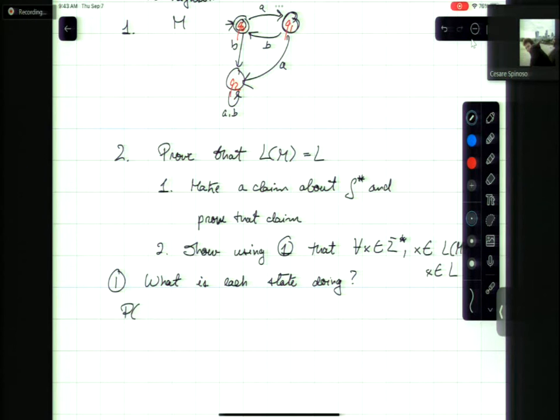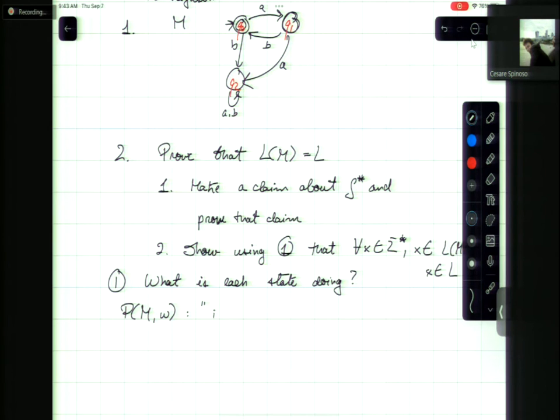My statement is going to depend on the machine and some string, and it's going to say the following. If I have an input string w, and I read that string and it ends in q0, then that means that my string has the form a^n b^n for n greater or equal to 0. So that's the first part of the statement.